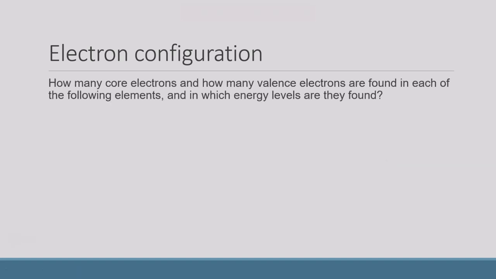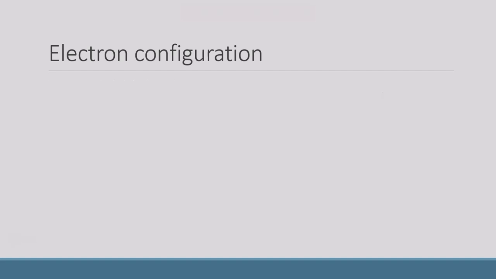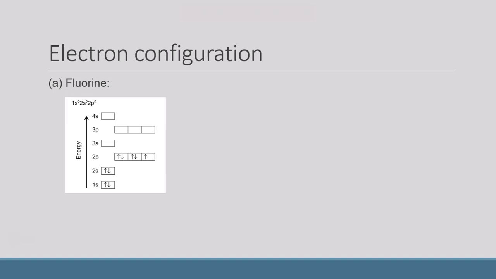The next question asks us how many core electrons and how many valence electrons are found in each of the following elements, and in which energy levels they are found. I'm going to go back to the first question. It's very difficult to discuss it without a visual. Fluorine has 2 core electrons in n equals 1.